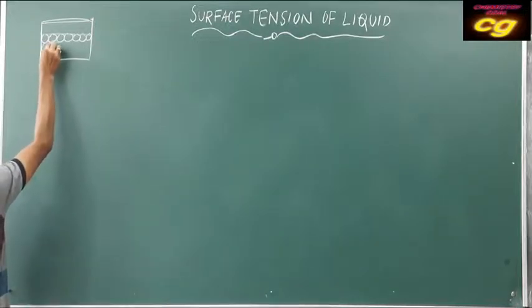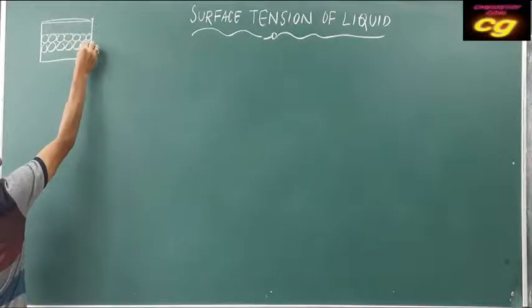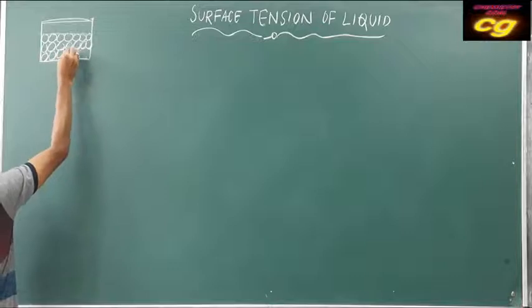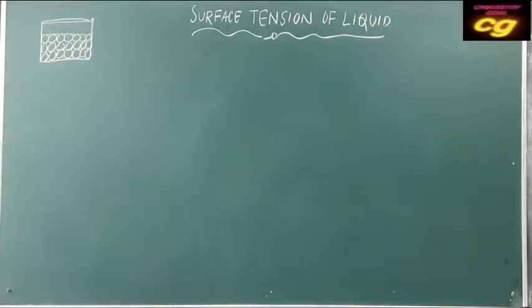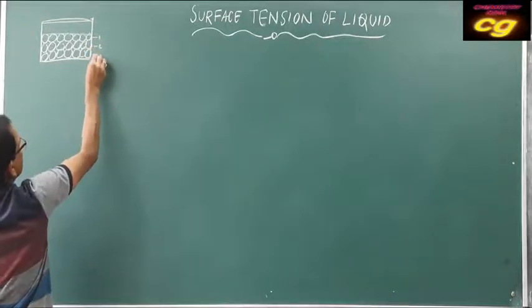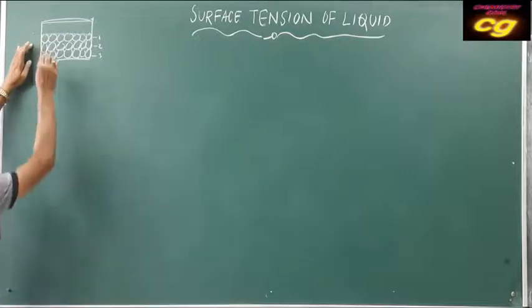Under this, another liquid layer is also present, like this. So first layer, second layer and third layer. Suppose this first layer is the surface layer.